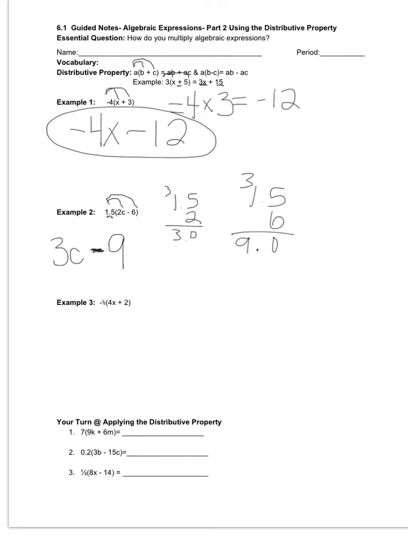Now example 3, slightly harder, but certainly achievable. We have -3/5 outside of our parentheses, and we are multiplying that times 4x and then times 2. So 3/5.